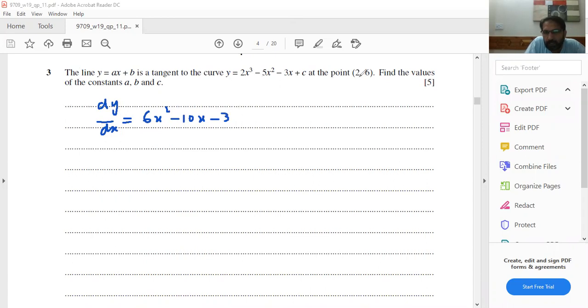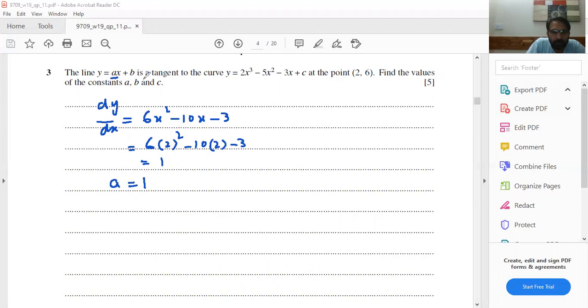Now at the point (2, 6), when you place x = 2 in this, the gradient is going to be 6 × 2² − 10 × 2 − 3, and you get it equal to 1. This is the gradient of the tangent. If you see this line y = ax + b, the gradient is mentioned over here. So if you compare this with this, you'll get a = 1.